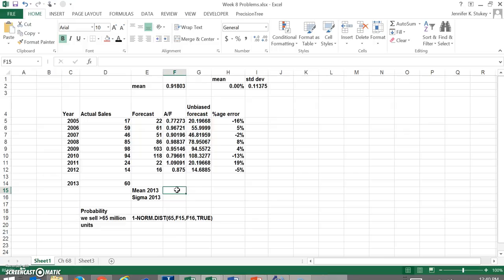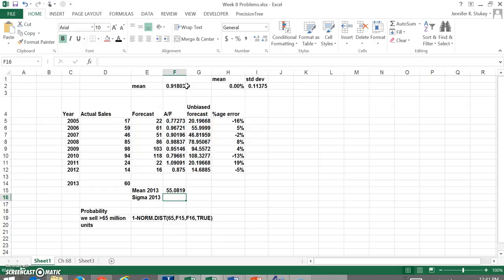Now that we have all that, we want to calculate our mean for the year 2013. To do that, we take our projected sales and multiply it by the mean of the error. That's 60 times 0.918, and we get 55.08.